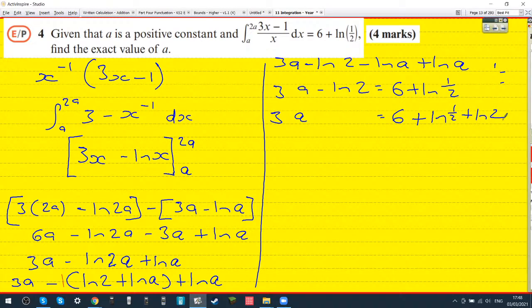Law of log. What do you have to do? Times. What do you get? You do a half times 2. Yep. Yeah, 1.